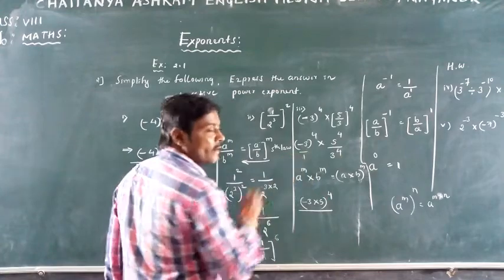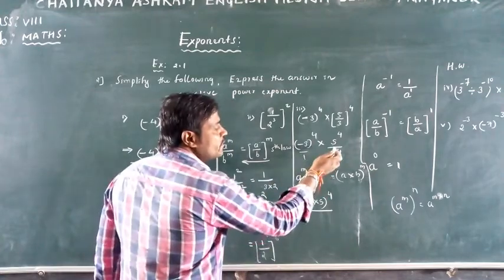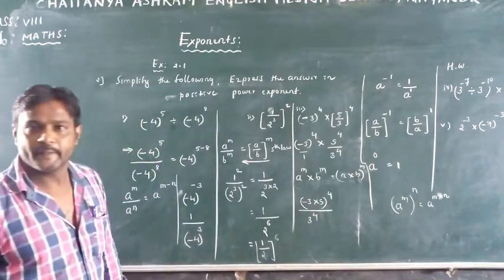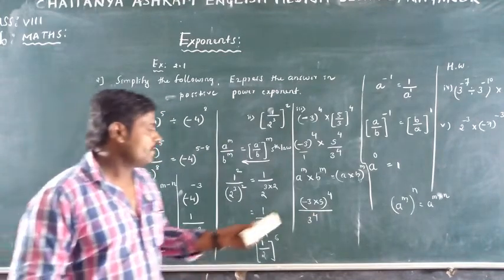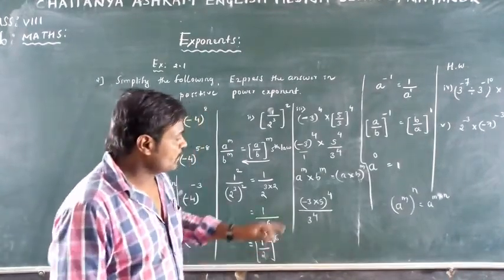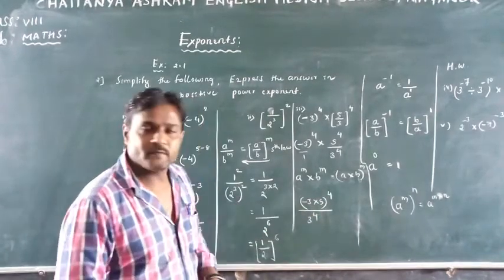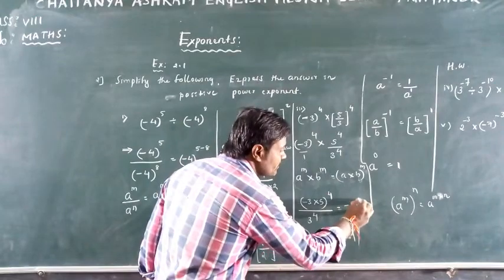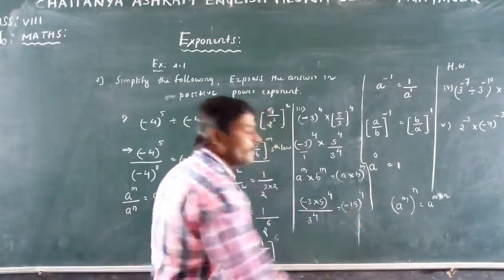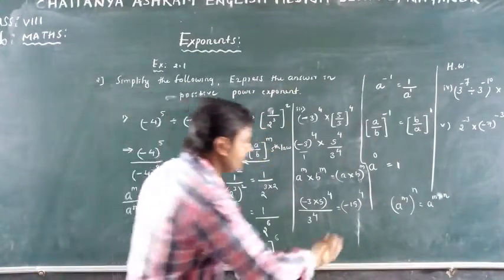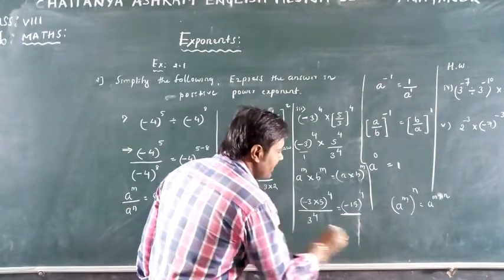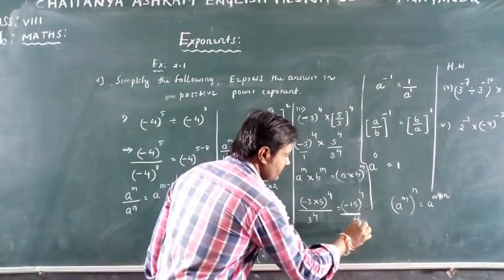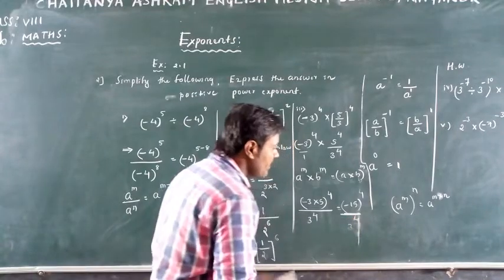Here the denominator is 1 into 3 raised to the power 4, which is 3 raised to the power 4. Clear? Then simplify this one. So minus 3 into 5, how much? Minus 15 raised to the power 4 divided by 3 raised to the power 4.